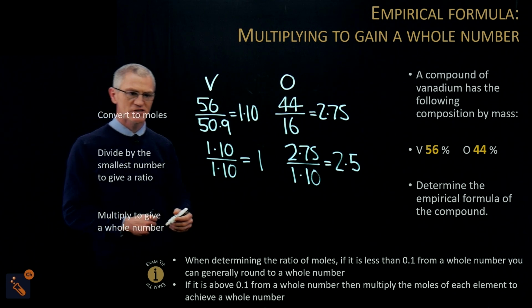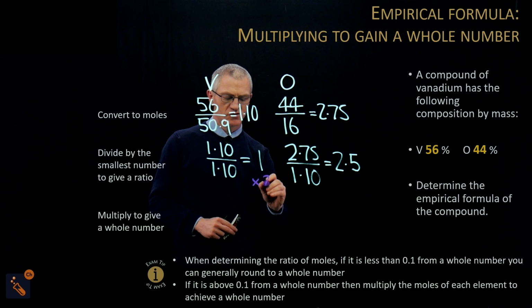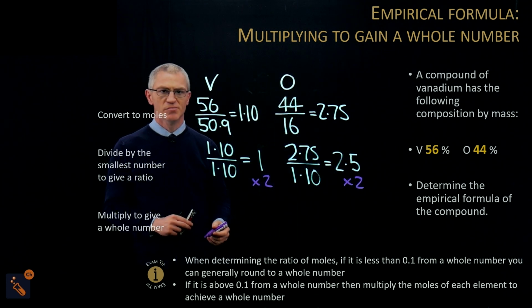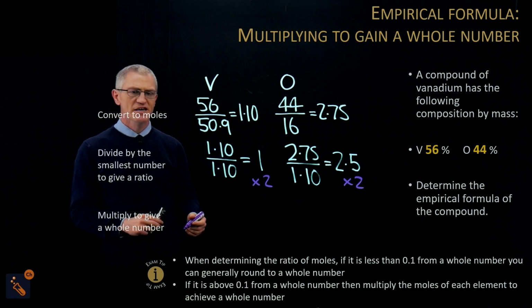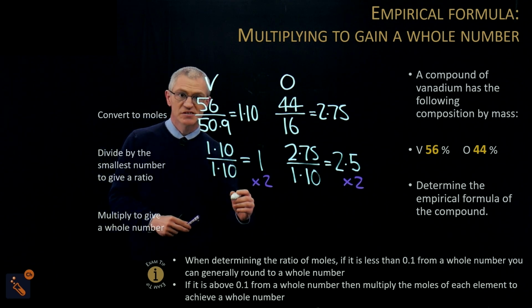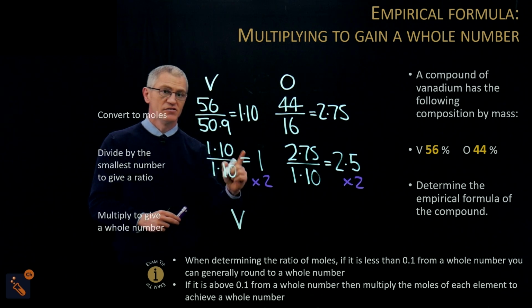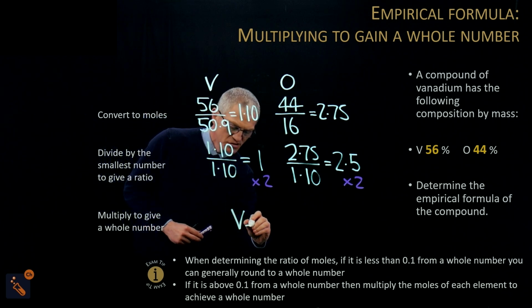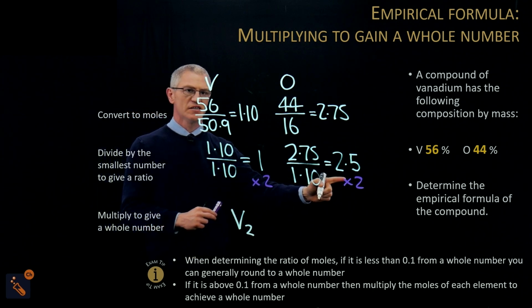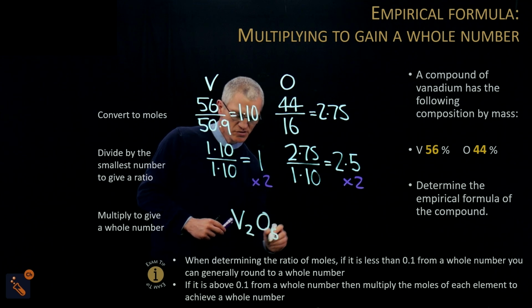That means I will times all of this by 2, and that will turn it into a whole number. So if that is times by 2, we can put in our numbers. We've got V, and 1 times 2 is 2. Then we take the 2.5 and times by 2, and we get 5.